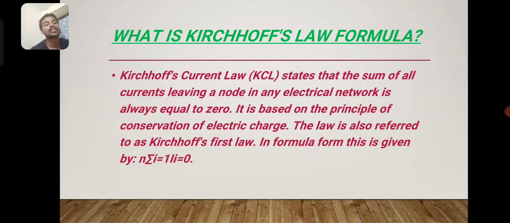The law is also referred to as Kirchhoff's first law. In formula form, this is given as the summation of I n from n equals 1 to N equals 0. It is also known as the KCL formula.